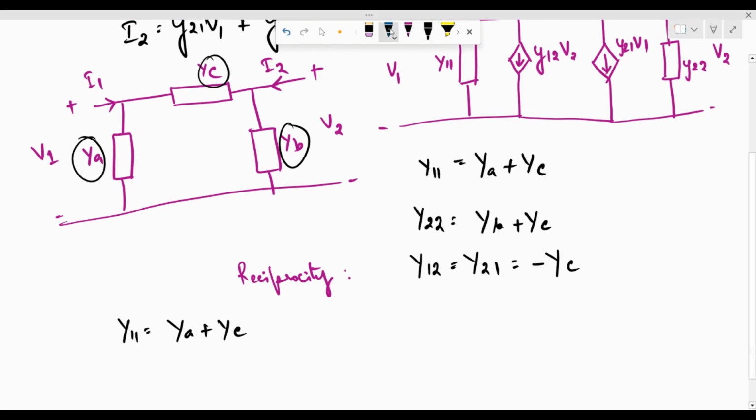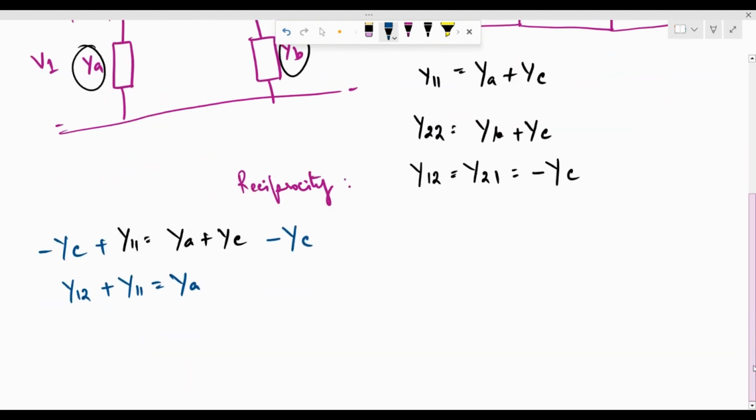So if I want to find the expression for YA, I can subtract YC on both sides. So YC and YC will go. What will remain is YA. And we know that Y12 is minus YC. So I can just replace the minus YC with Y12 and keep the rest of the term intact. So what I get here is YA is equal to Y11 plus Y12.